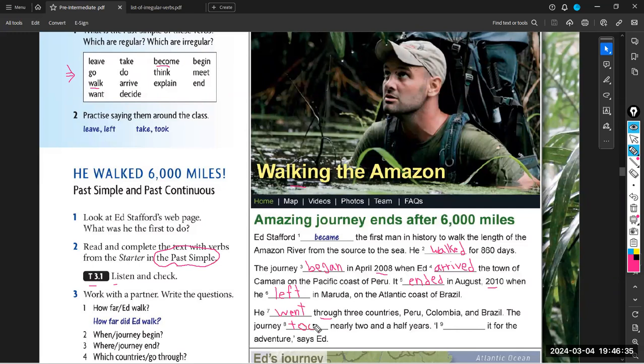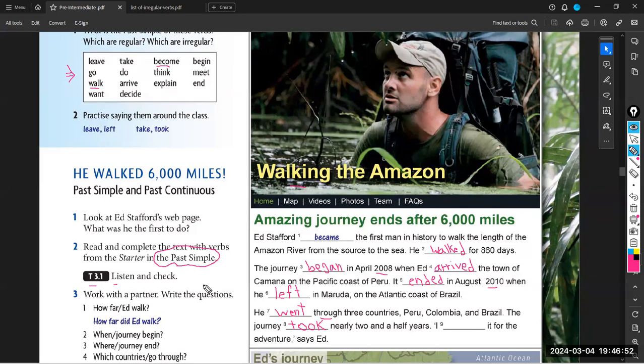So took, the past of take, 2 years and a half. I it for the adventure. Decided. I decided it for the adventure, says Ed.